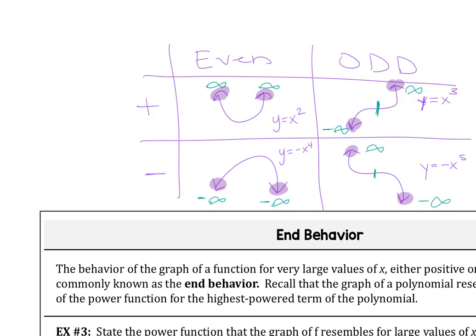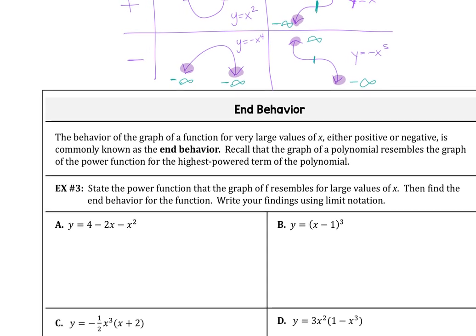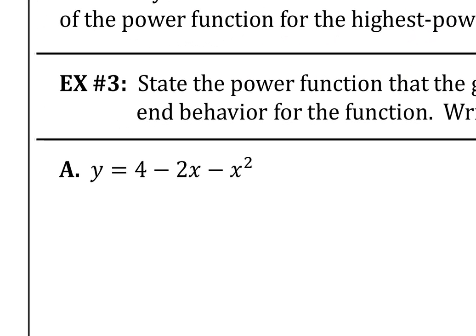So this is super helpful for what we're about to do. When describing end behavior, we're looking at where the graph is going. So like I said, you want to always look at the highest power and its leading coefficient. So in this case, it's a negative x squared. It is an even with a negative coefficient.